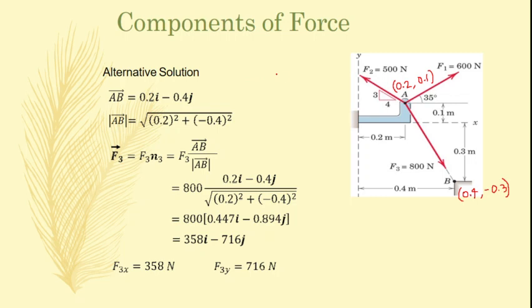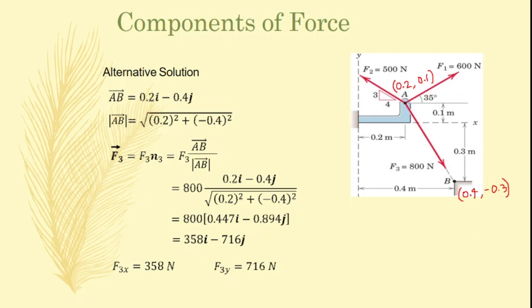Now if you recall how we can write the position vector, if this one is x1 y1 and this one is x2 y2, then we write the position vector in this way, that is x2 minus x1 i plus y2 minus y1 j.